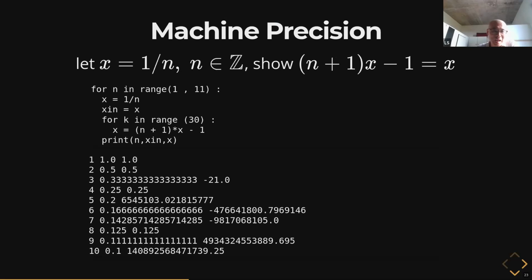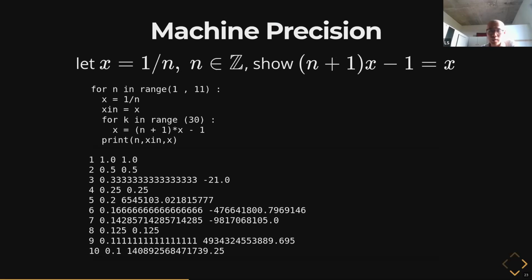Oh, well, I'm not using k, that's correct. It's just to show I have to run this calculation 30 times. K doesn't play a role. The k is only trying to run x equal to (n plus 1) times x minus 1, 30 times.